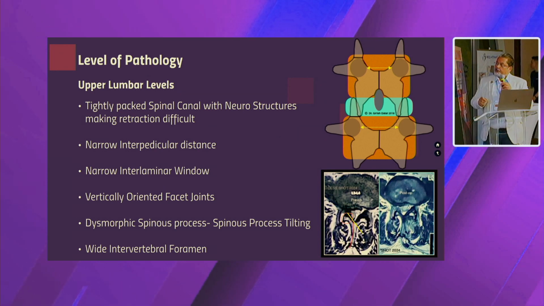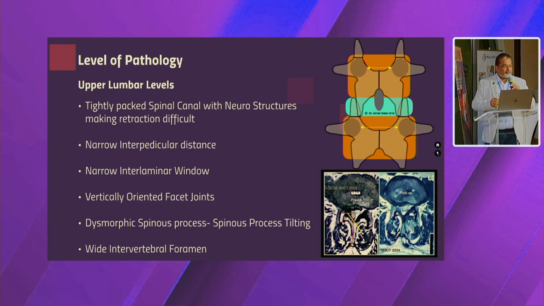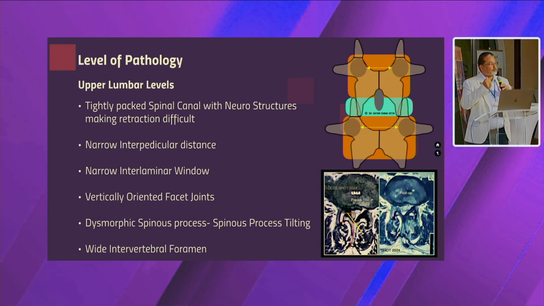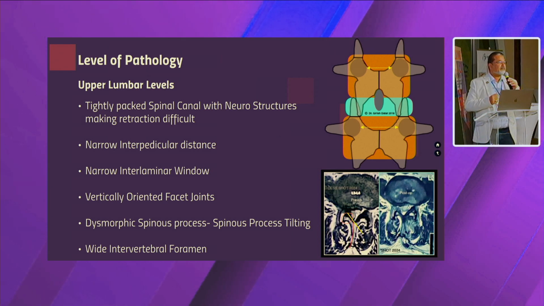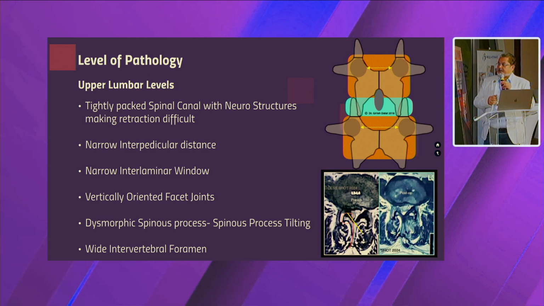There is a narrow interlaminar window in the upper levels because you have overlapping of the laminae. Vertically oriented facet joints in the upper part of the lumbar spine again make it difficult to do an interlaminar or a translaminar decompression, where inadvertently you may destroy the facet joints. Then there is the dysmorphic spinous process.